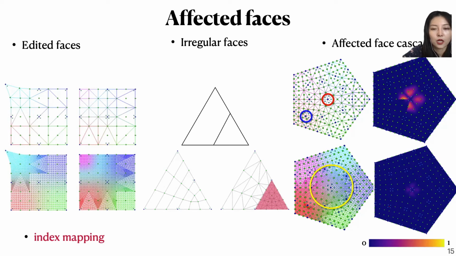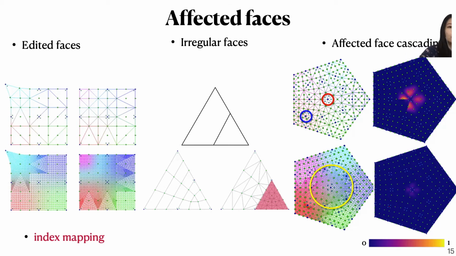As you can see, geometry edits affect a two-ring neighborhood, and color edits affect a three-ring neighborhood. Irregular faces, simple either. Non-quadrilateral faces and faces defined by non-four valency vertices.